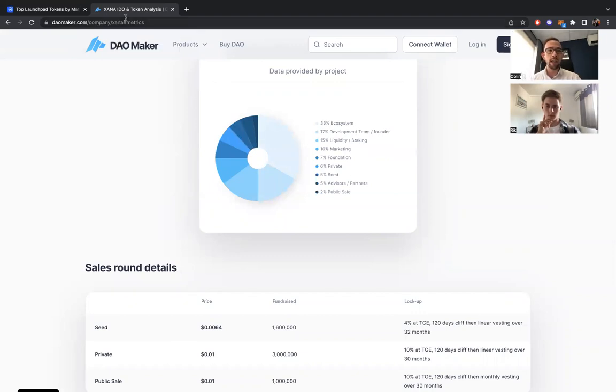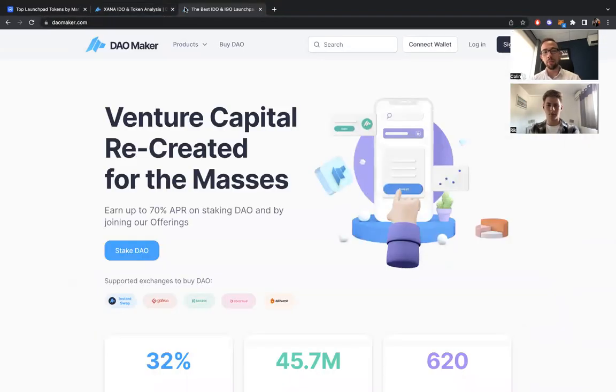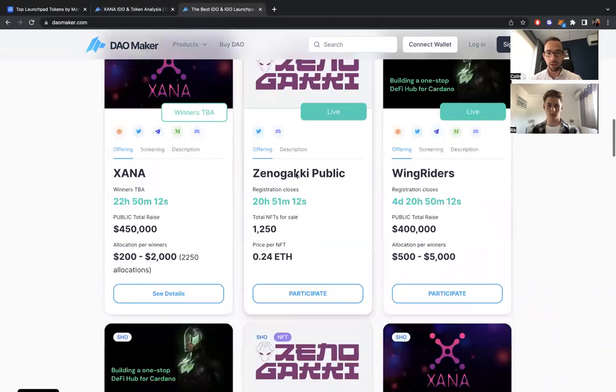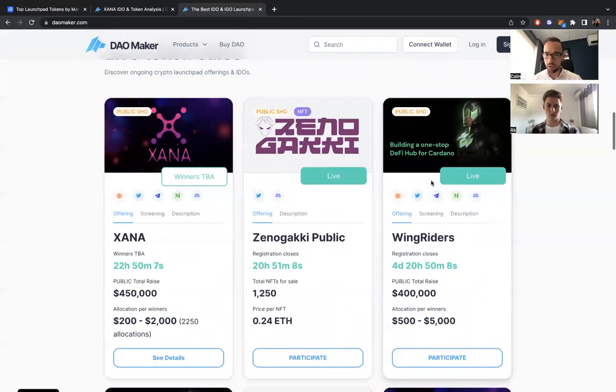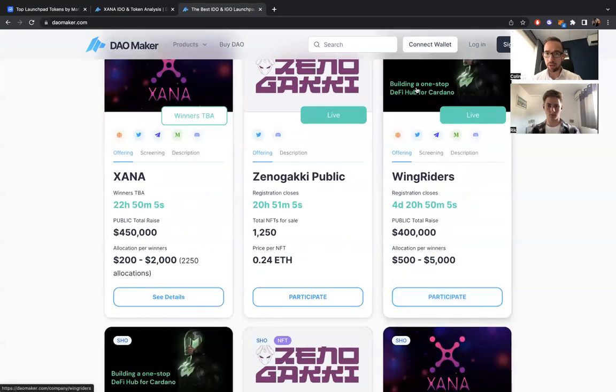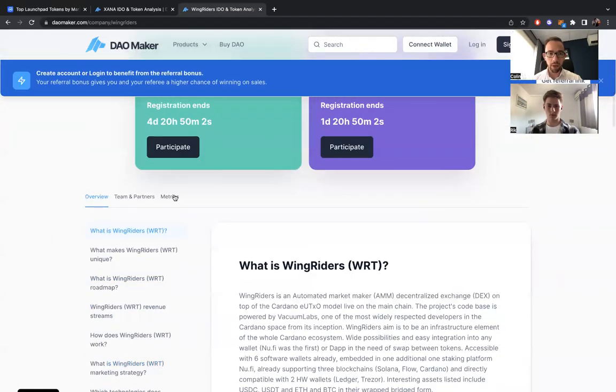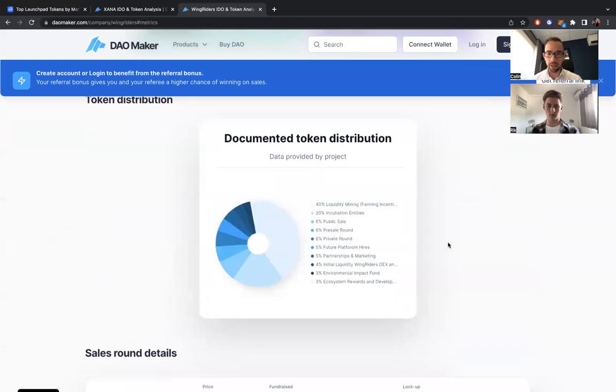Now, when we look at the next project, so if we go to DAO Maker again and we open the next tokenomics, we can basically push them next to each other and get a good overview of the difference. So this is an NFT, so that's not it, but this one is good. Which one is this? Wing Riders. Okay. Metrics, here we go.